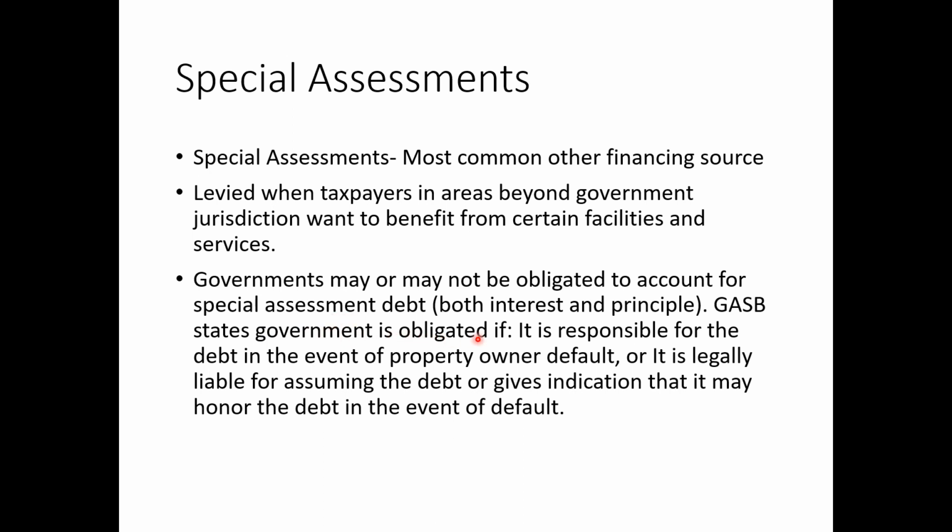Government is obligated if it is responsible for the debt in the event of the property owner default, or it is legally liable for assuming the debt, or gives indication that it may honor the debt in the event of default.